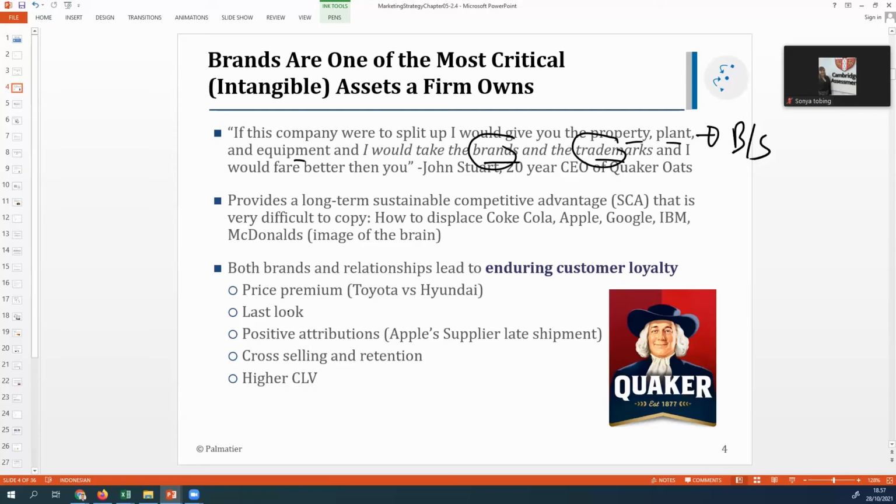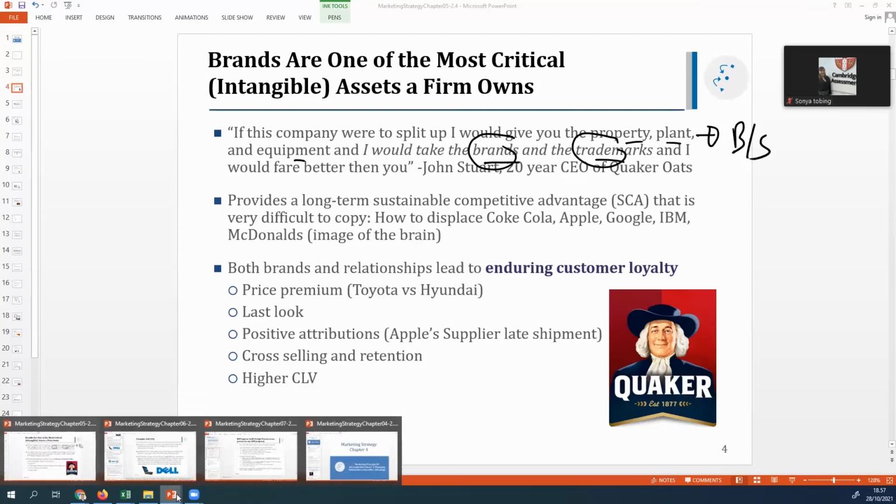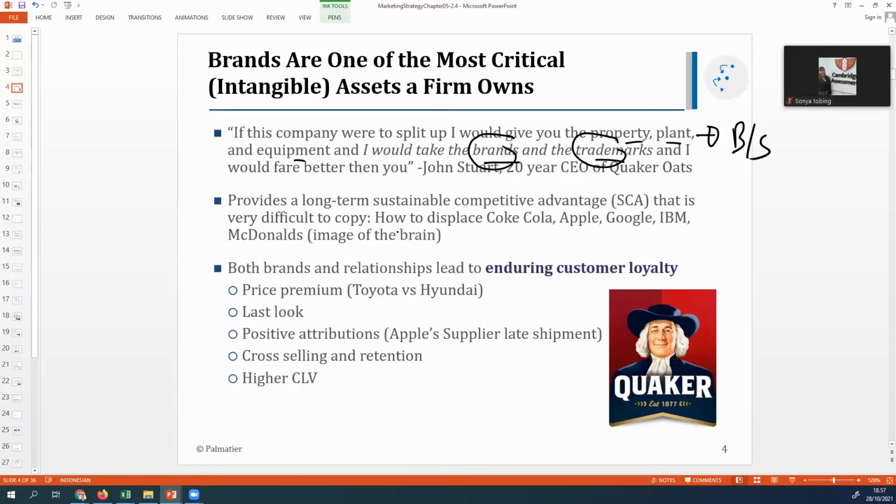All right. So, to provide a long-term sustainable competitive advantage is very difficult.